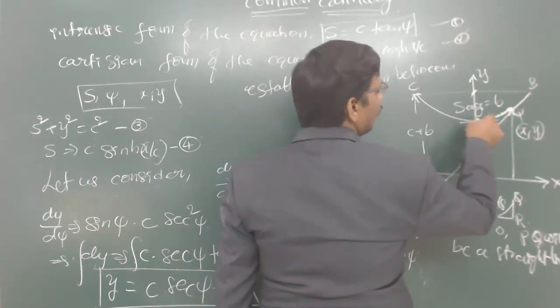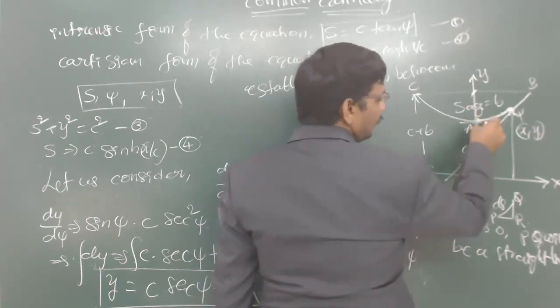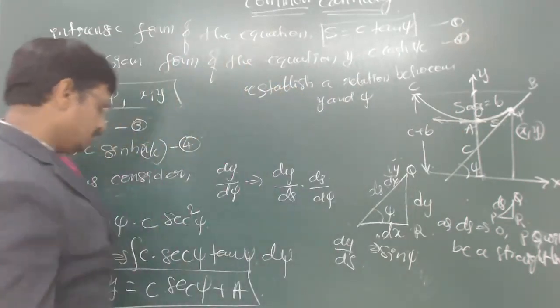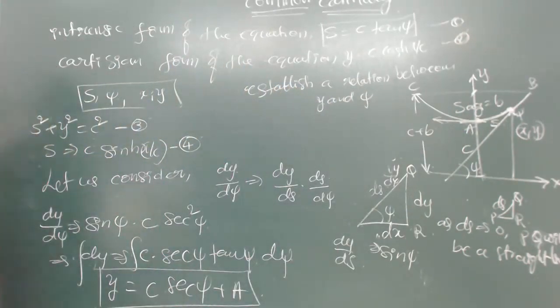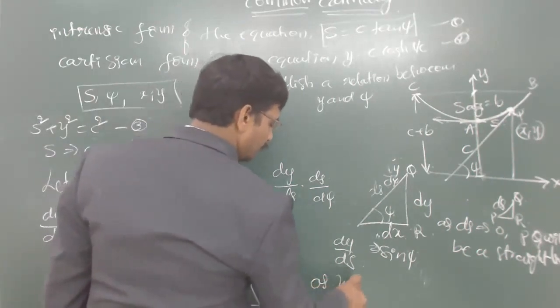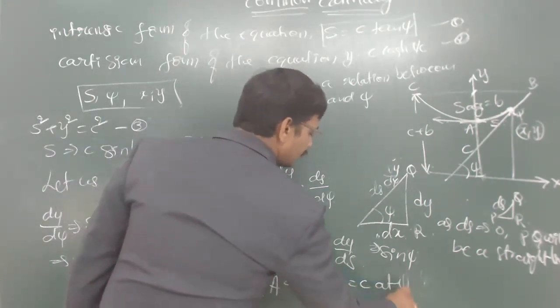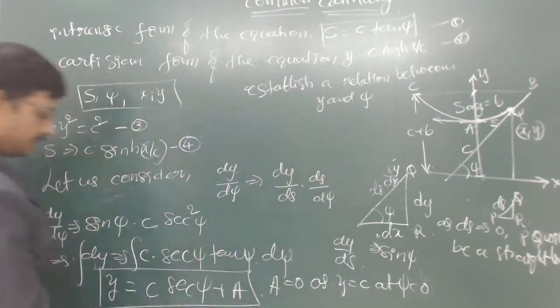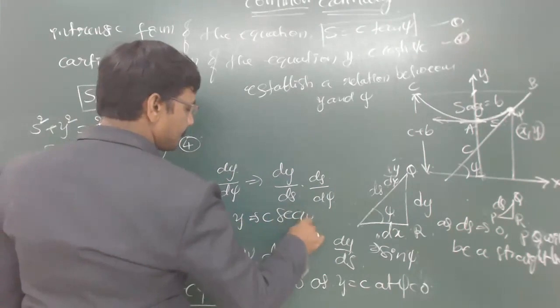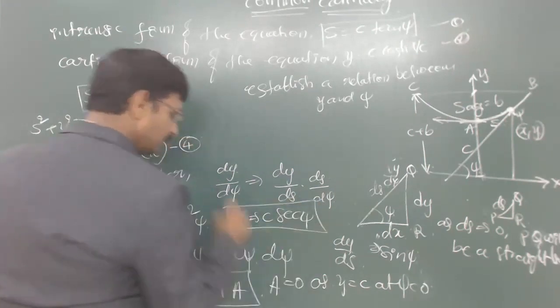This y value is c, and the tangent at this location will be exactly horizontal, making an angle of 0. So secant 0 is 1, and then y is equal to c. So both the c will cancel out, and a equal to 0 as y equal to c at psi equal to 0. So from this relation we have got y is equal to c secant psi. This is the relation between these two.